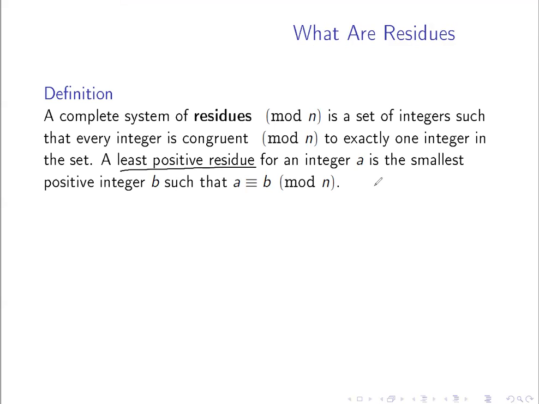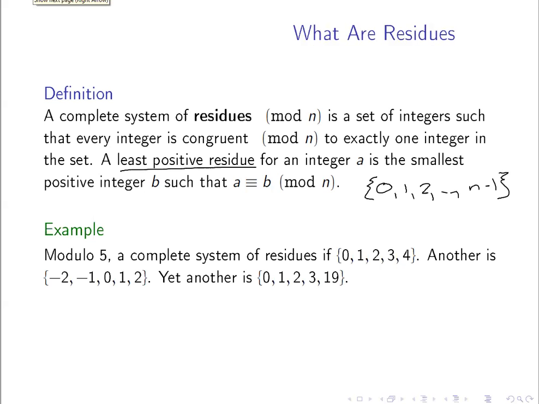The least positive integers are going to go 0, 1, 2, up to n minus 1, because n and 0 are actually congruent to each other, mod n. So we only deal with this set, which is the set from 0 to n minus 1.